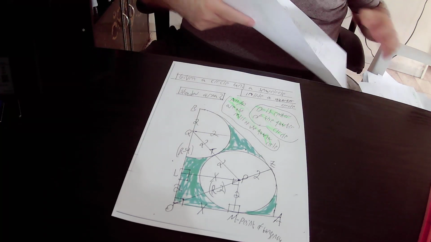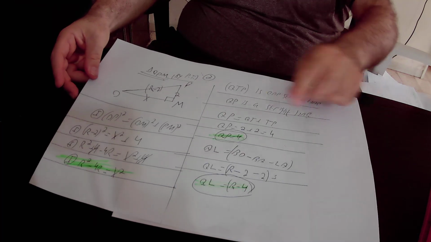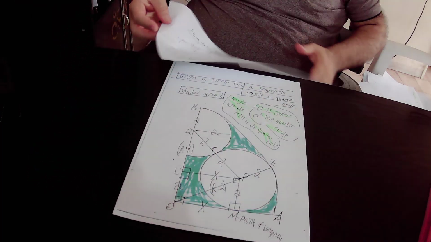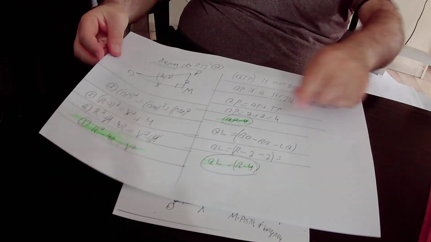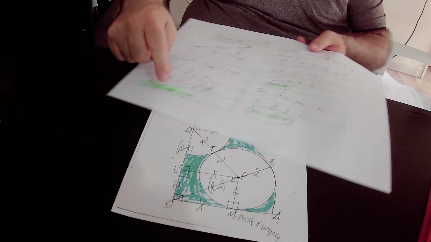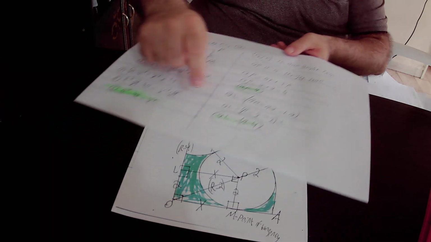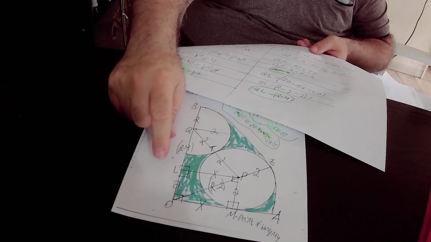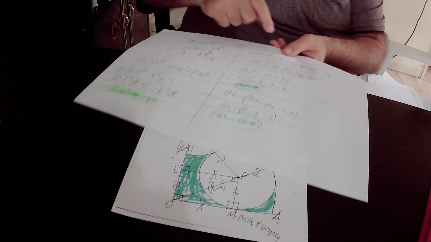Repeat again, QL equals BO, that is the radius of the quarter circle, minus BQ, that is equal to 2 units, minus LO, that is also equal to 2 units.